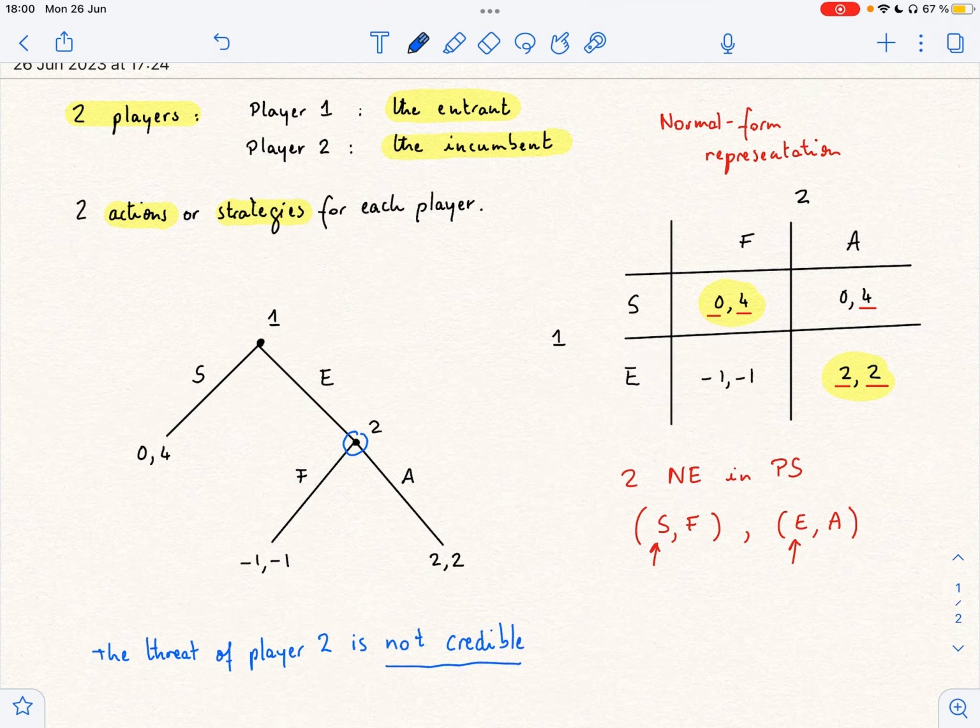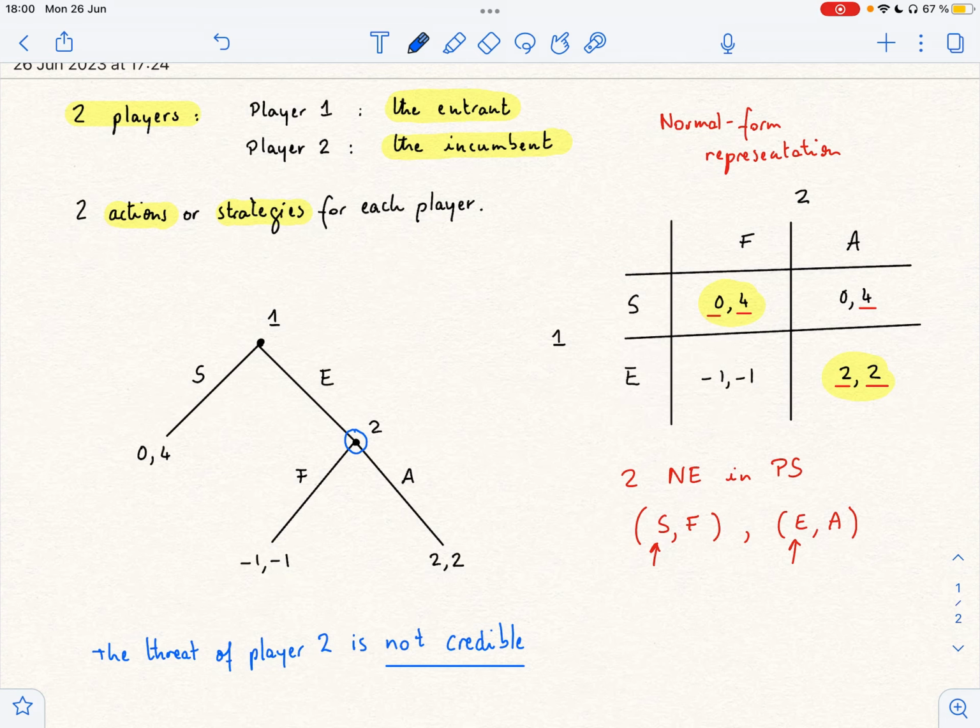And so here we introduce the concept of backward induction. So if we were to solve for the game and to make sure that the game is sequentially rational, we would solve the game by backward induction, which means we would start at the end of the game tree, start with player 2 and say, if player 2 ever has to play once player 1 entered the market, they will compare the payoff of fighting, -1, and the payoff of accommodating, 2.